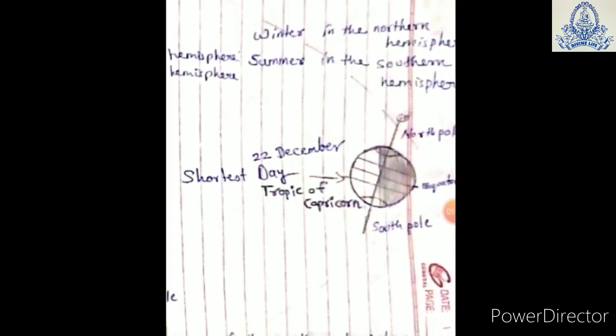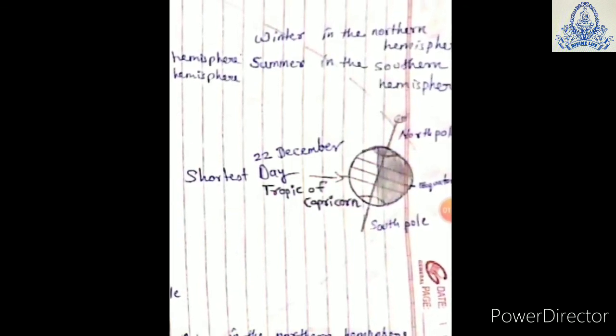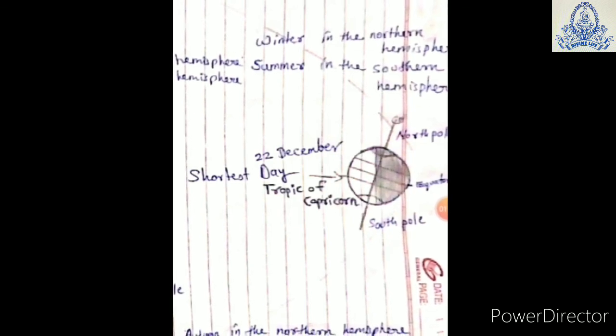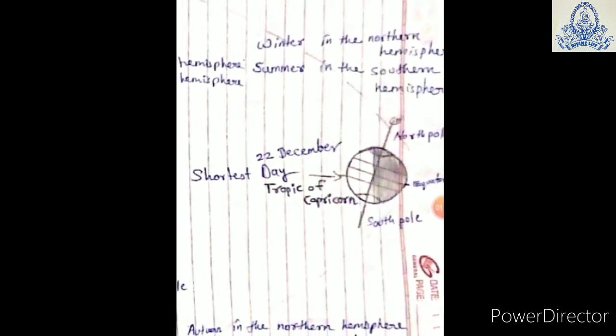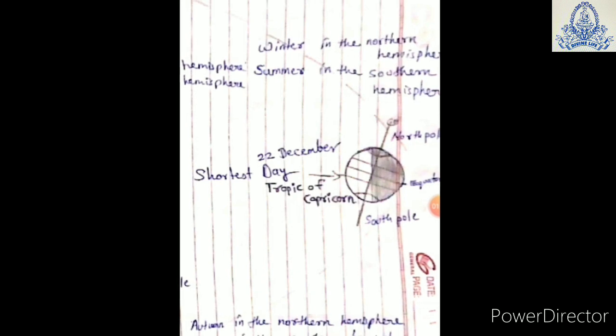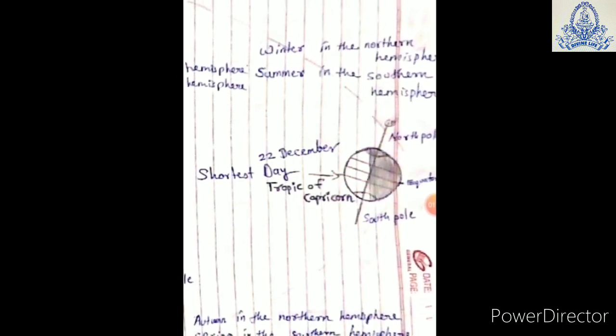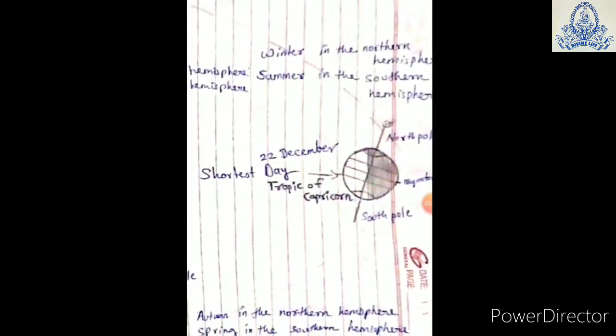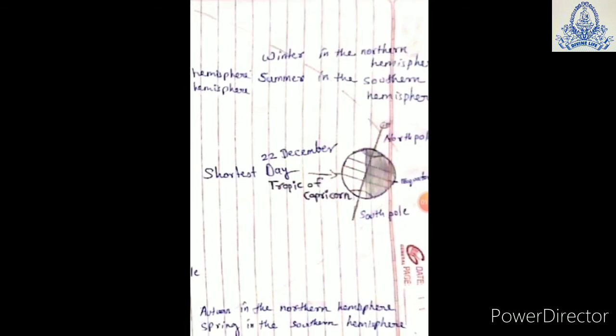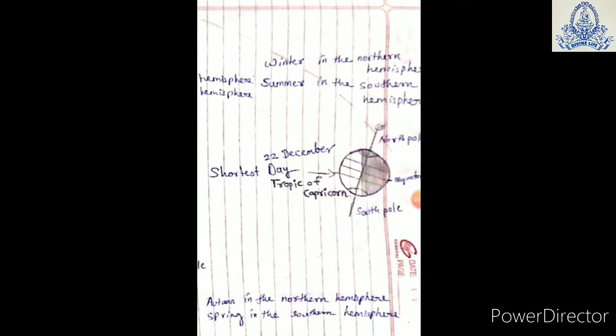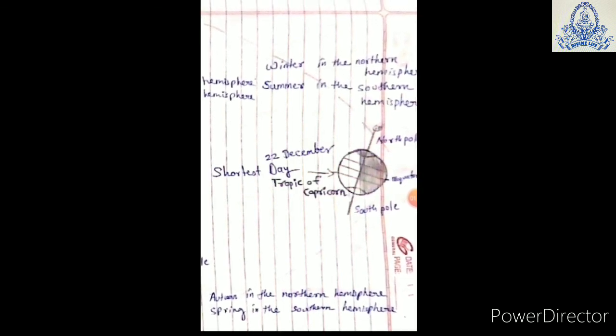So winter is experienced there, and the day will be short and the night long. That is why it is mentioned here 22 December shortest day, but the shortest day is only in the northern hemisphere, not in the southern hemisphere. In the southern hemisphere it will be the longest day.